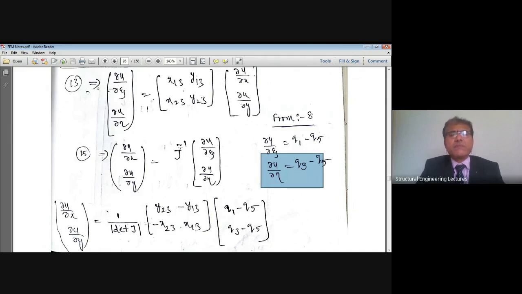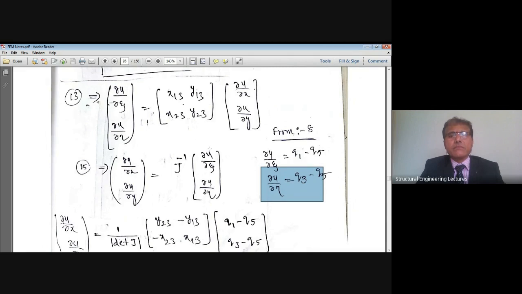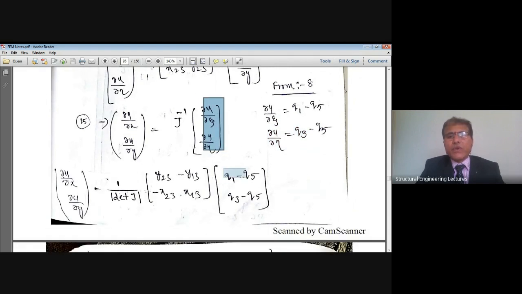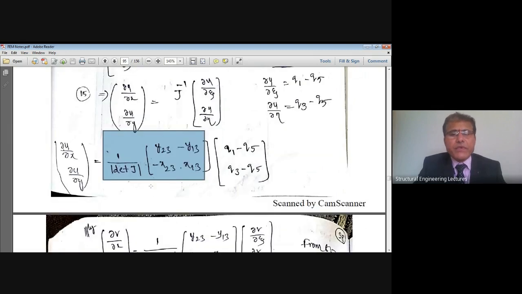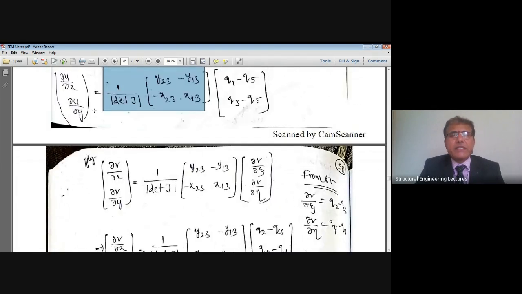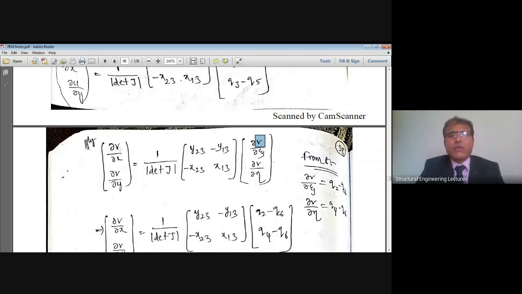Now on the right hand side, I'll substitute q1 minus q5, q3 minus q5. This is already the Jacobian inverse, right? Therefore, now I'll expand, right? Similarly, I can write if I change that function u to v, the same function will change on the other side of that matrix, then u will become v.